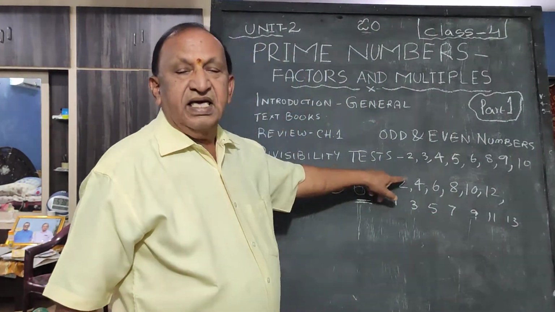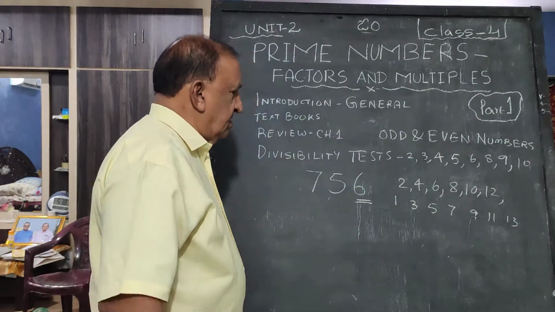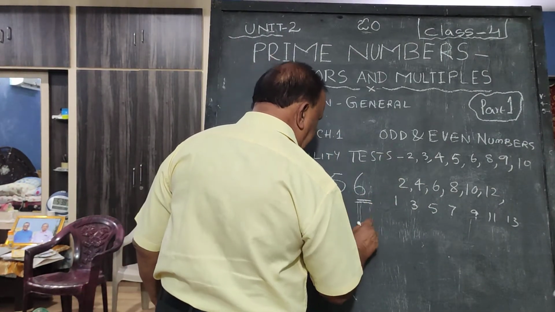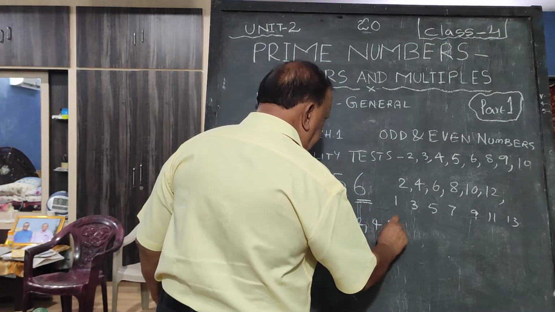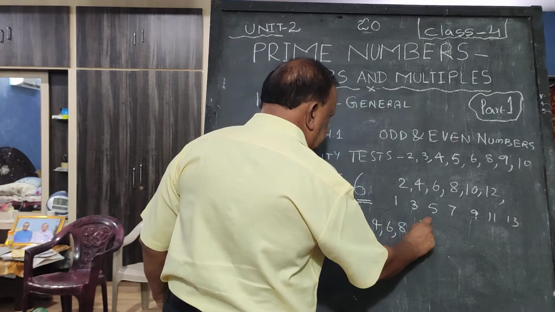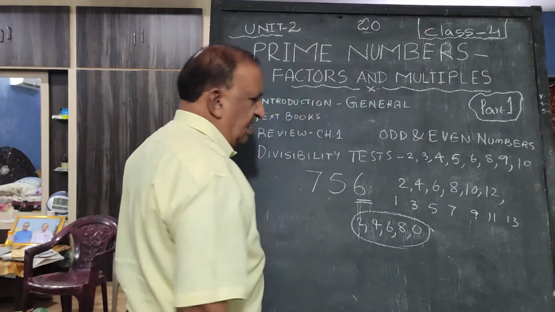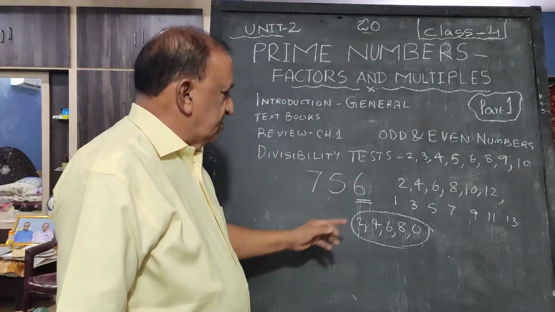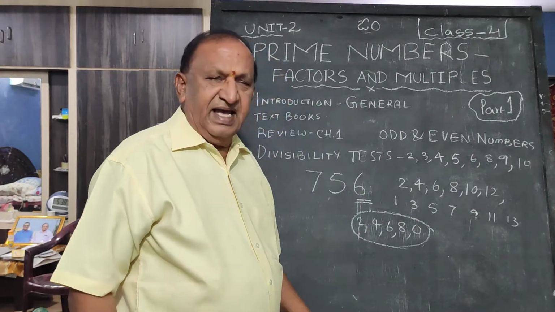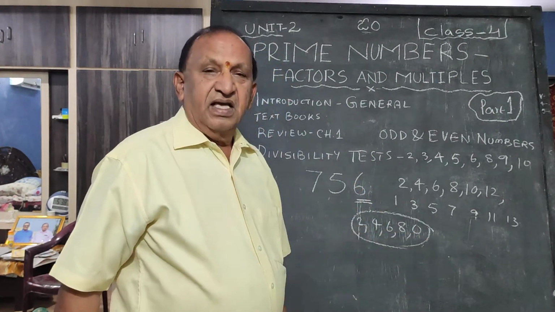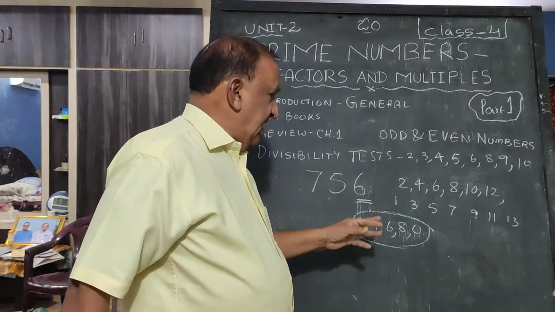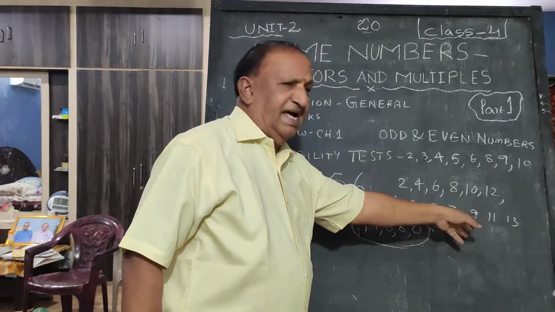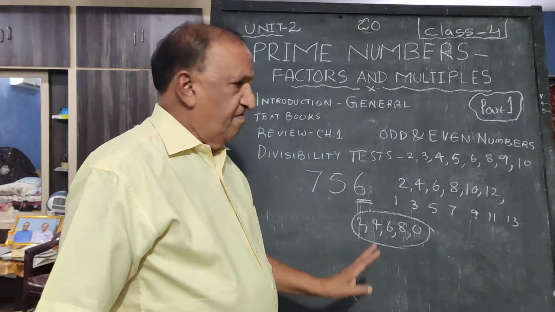These are called even numbers. So a number where you have in the units place either 2 or 4 or 6 or 8 or 0, any of these, then the number is an even number. Whereas this one is 1, 3, 5, 7, 9. If the number contains in the units place 1, 3, 5, 7, 9, then it is called an odd number.